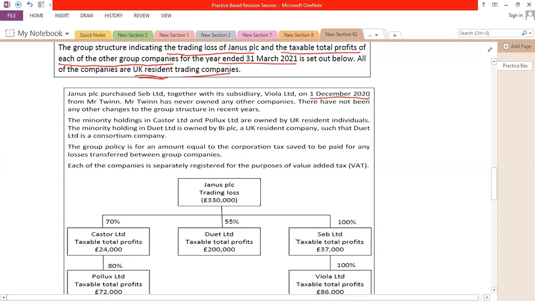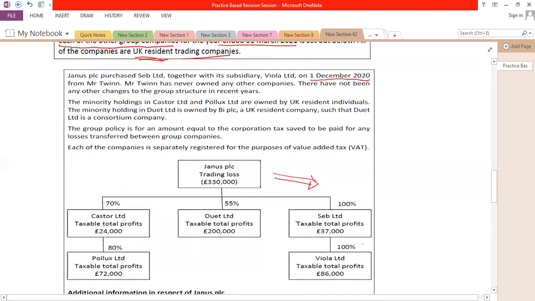Mr. Twin has never owned any other companies. There have not been any other changes to the group structure in the recent years. So basically, this is the information given that we have 100% subsidiary, which is SAB Limited, and the subsidiary has a subsidiary, which is our sub-subsidiary, and that is 100% owned company having profit of 86,000.